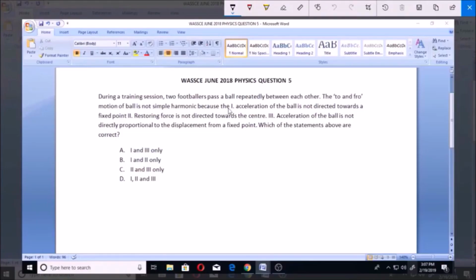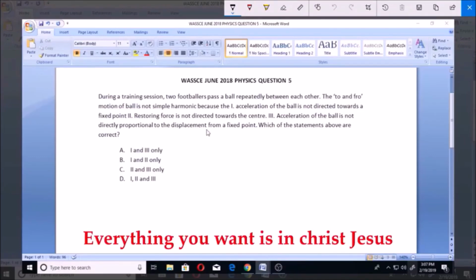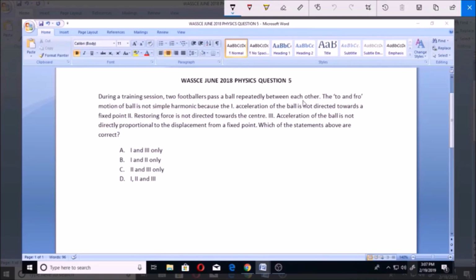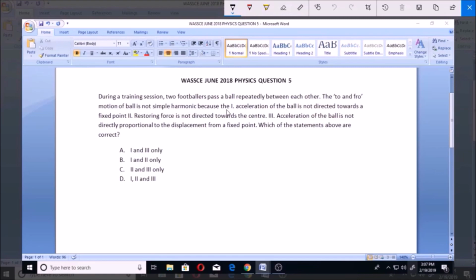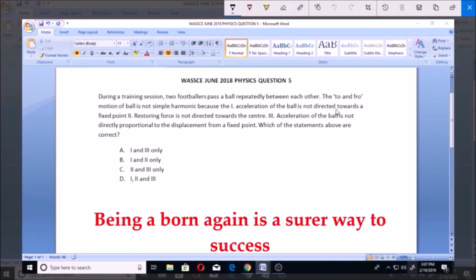Now let's look at question number 5 for WAEC Physics 2018. During a training session, two footballers pass a ball repeatedly between each other. The to and fro motion of the ball is not simple harmonic because the I. Acceleration of the ball is not directed towards a fixed point.